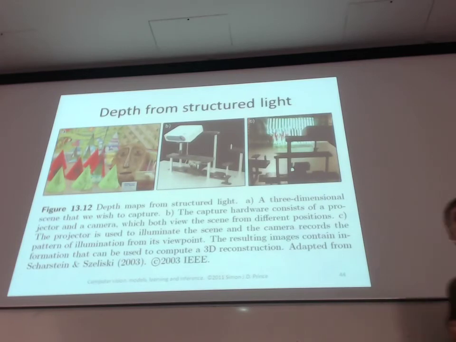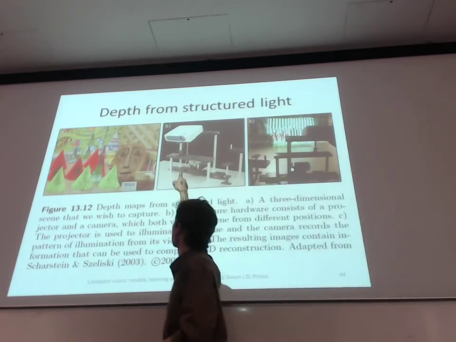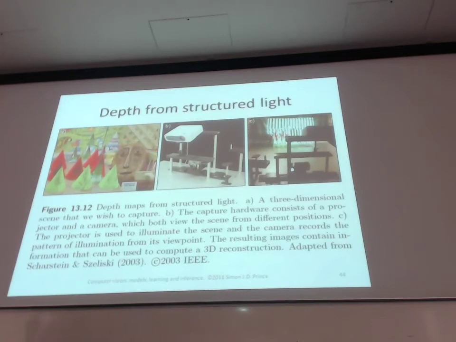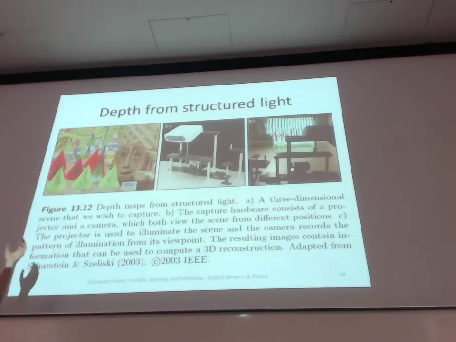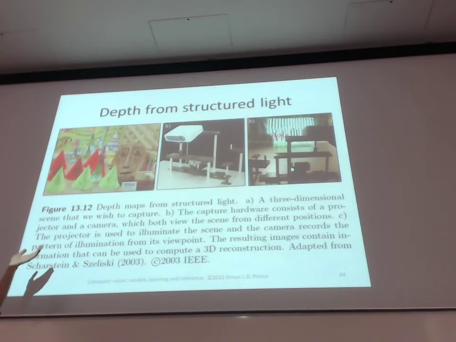I'm going to project an image out of the projector where all of the pixels are off, and only one of them is on. That means that now we have a single ray. We know which ray is coming out of the projector, going into the scene. The scene, as viewed from the camera, should be mostly dark, right? Except for a single part of the scene which is going to be bright.